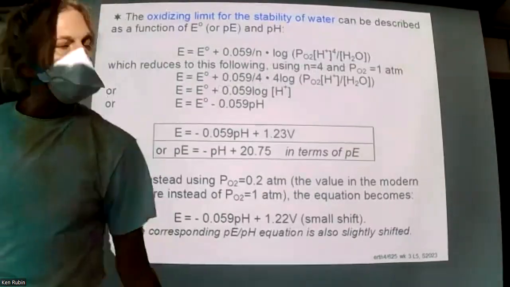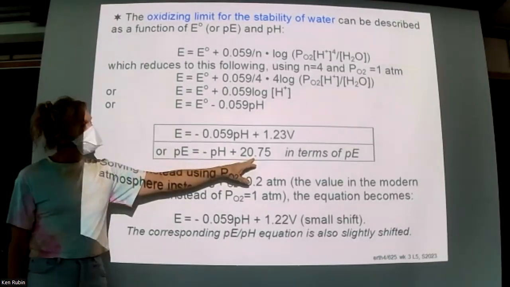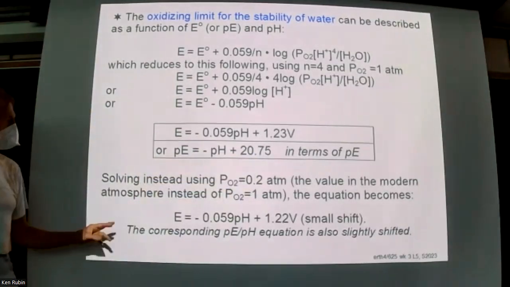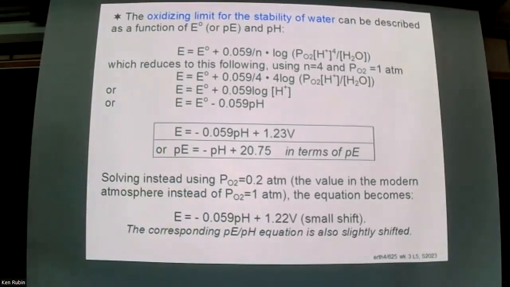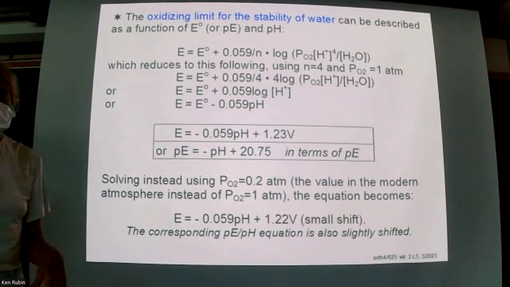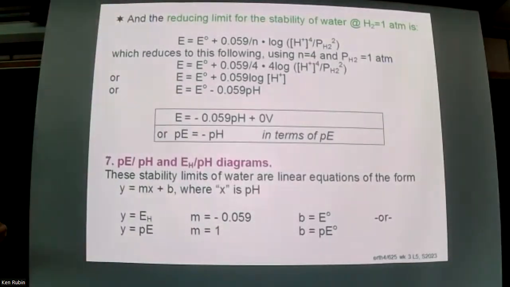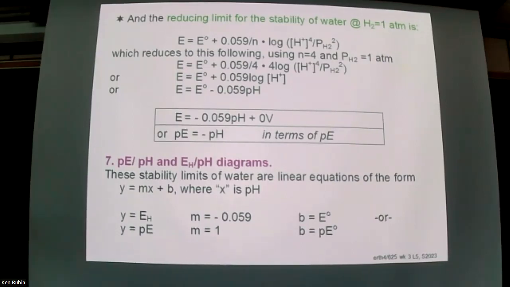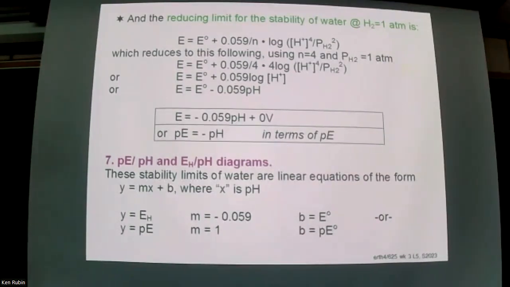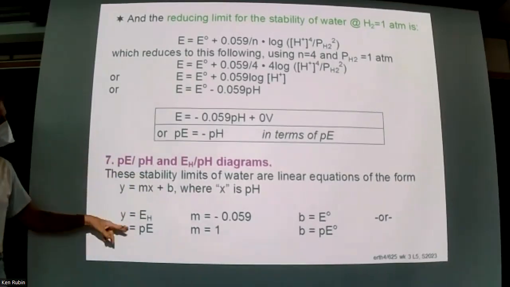If we go back over here, again the slope is -1 and the intercept is 20.75, or a slightly lower value if we use this one. So those are two parallel lines, parallel because they have the same slope. The reason they have the same slope is because they have the same number of electrons being transferred relative to the number of protons being transferred. I've just written here how we express these as lines.